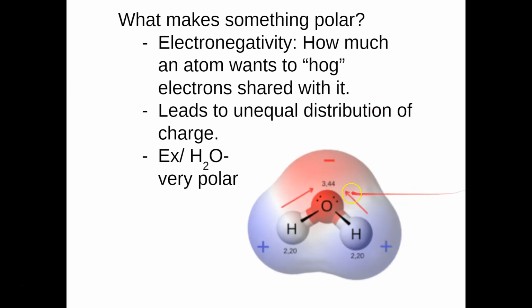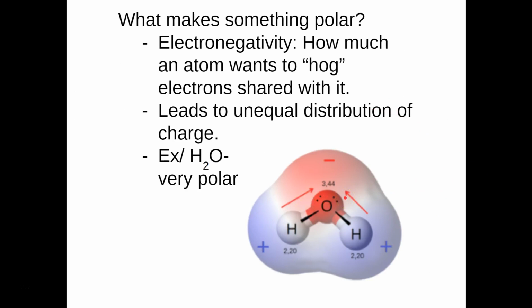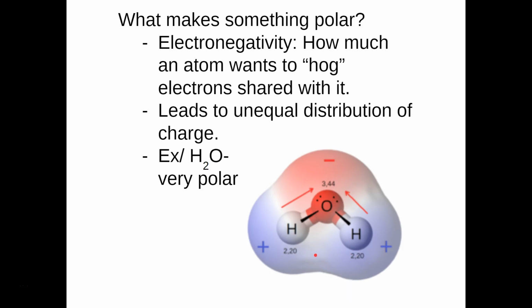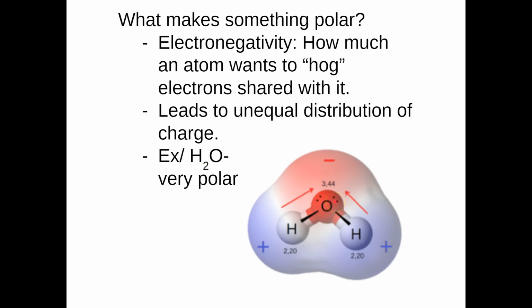So here's a picture of H2O, and oxygen is very electronegative. It really wants to hog those electrons. And these numbers represent actual electronegativities, but don't worry about those. The point here is that oxygen loves to hog these electrons, and so oxygen is going to wind up being quite negative.